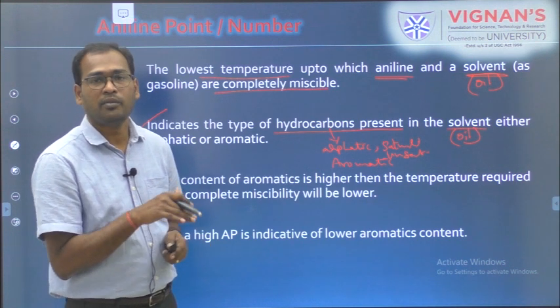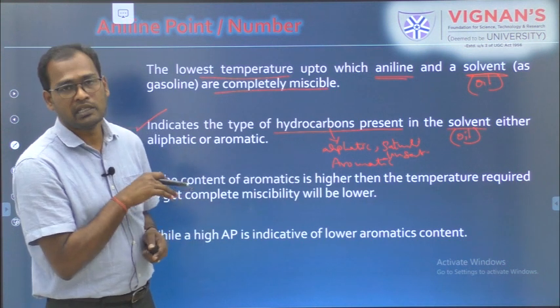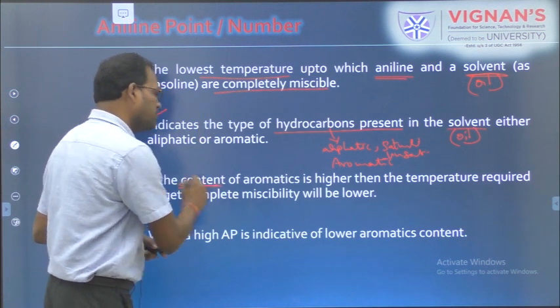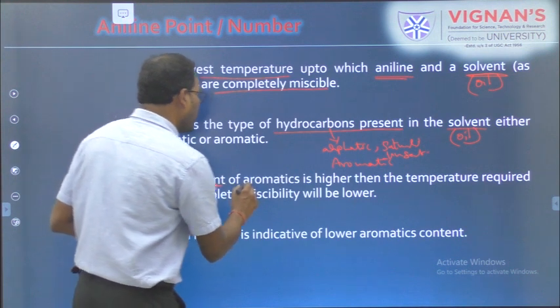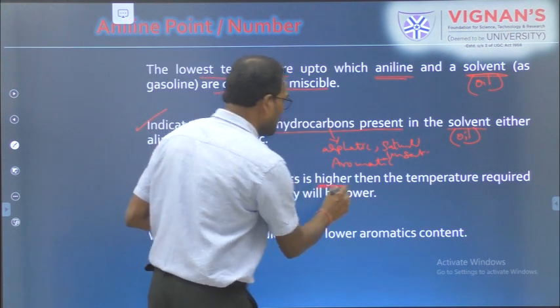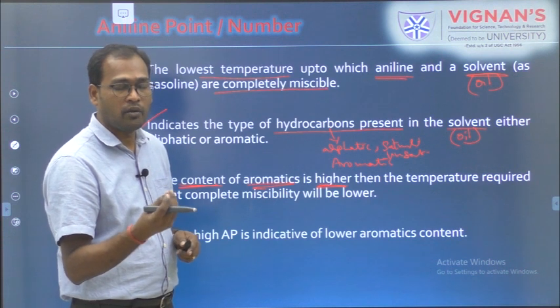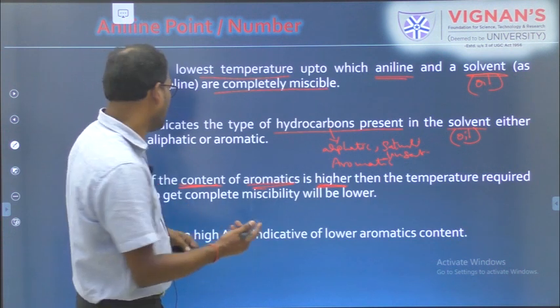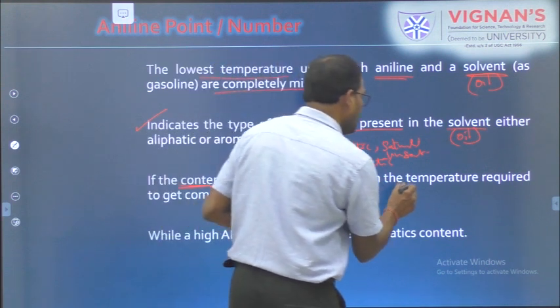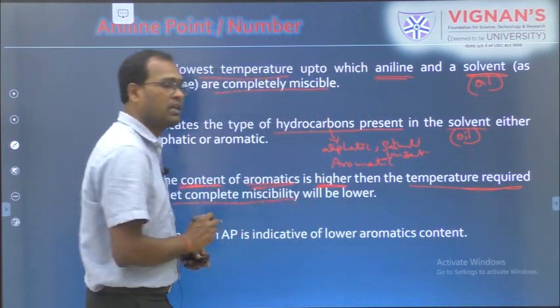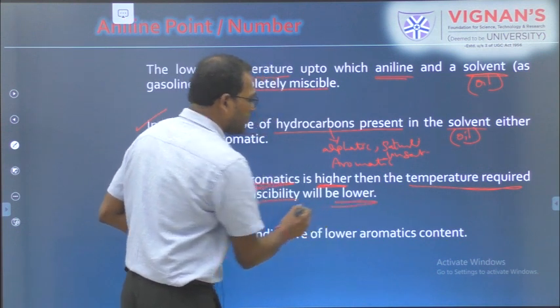The type of hydrocarbon present in the oil can be estimated by this aniline number. If the content of aromatic hydrocarbon in the oil is very high, then the temperature required to get complete miscibility will be lower.